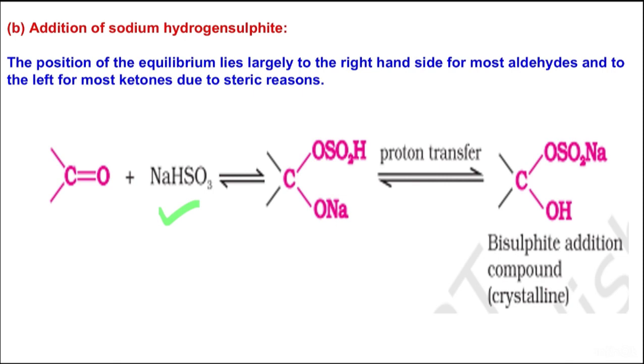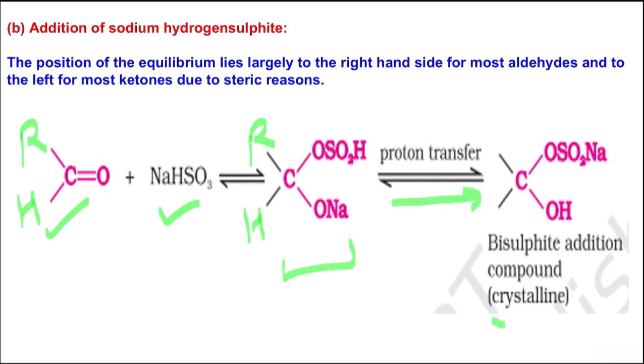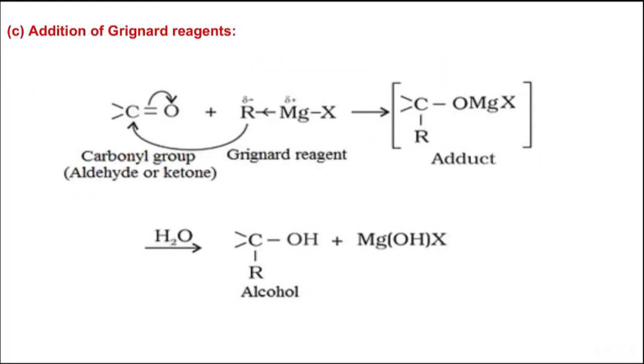NaHSO3 will react with the carbonyl group, the aldehyde, RCHO, generally I am writing, and it will give you the product which shifts towards this and gives you the crystalline compound. This crystalline compound is water soluble. So, you will separate it, and after separation you will take dilute acid or dilute alkali and it will give you the aldehyde back. So, this is how we use it for purification of aldehydes also, a very important reaction.